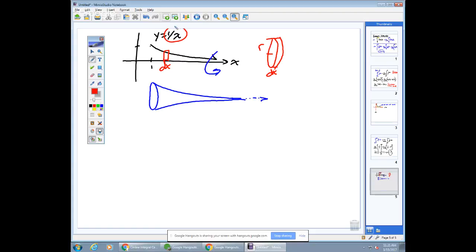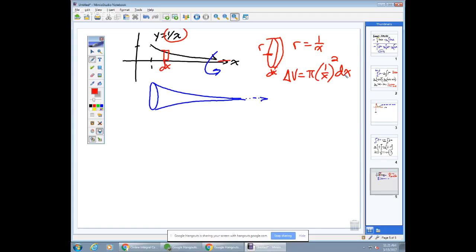Because the radius is the distance from my axis of revolution up to the function, and the function is just 1 over x. So the radius here is exactly 1 over x. And so my disk has a chunk of volume that's pi times the radius squared times the thickness of the disk, dx.